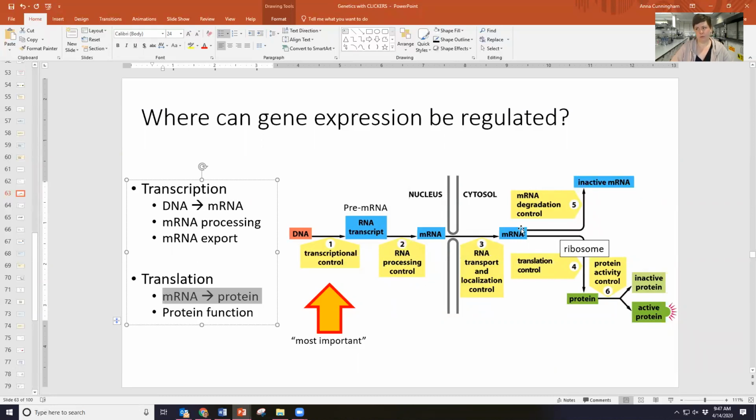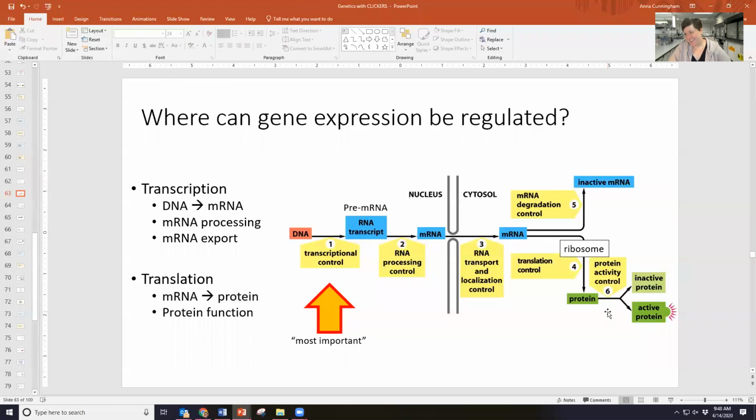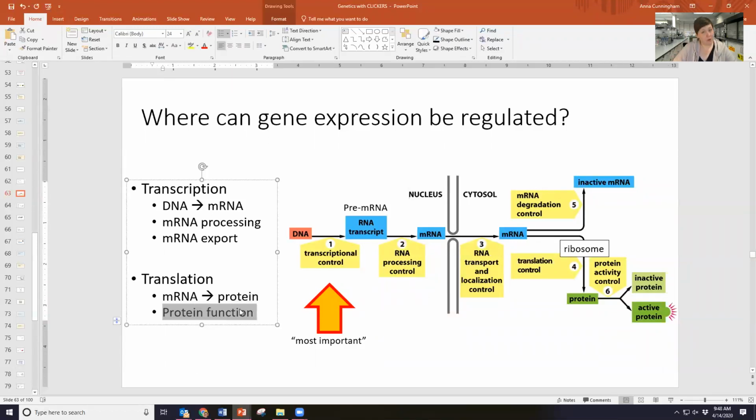We do have methods to just destroy mRNA when it's in the cytoplasm, which would prevent it from being translated. But we can also actively interrupt the process of translation, so interrupt ribosome function.